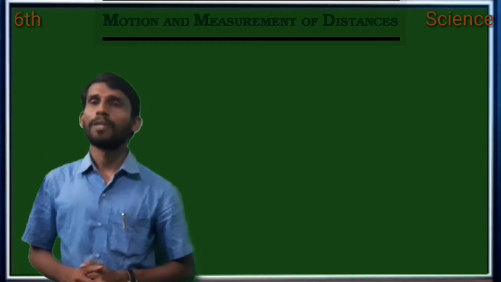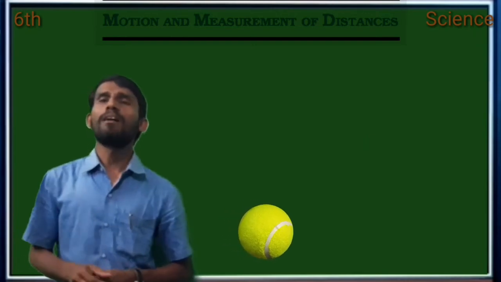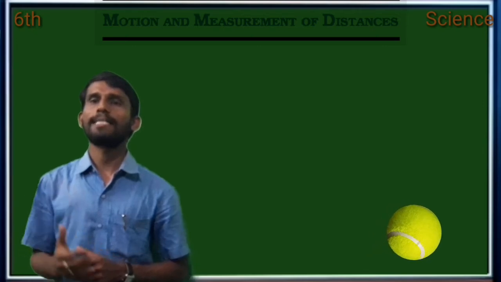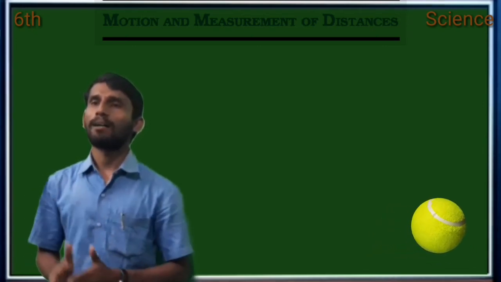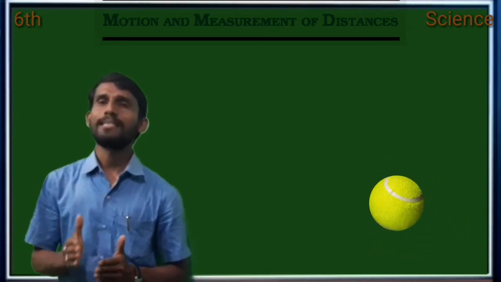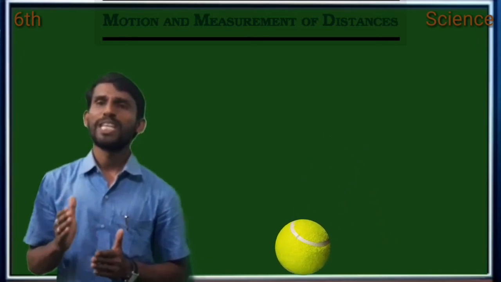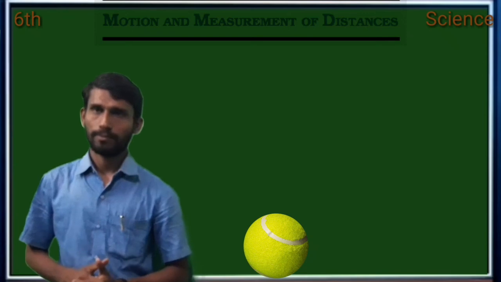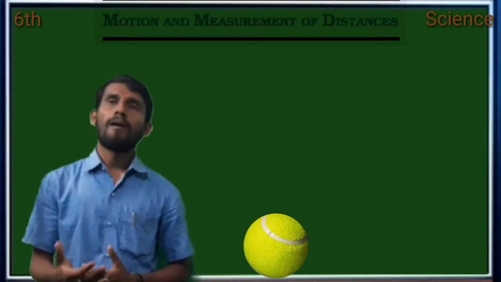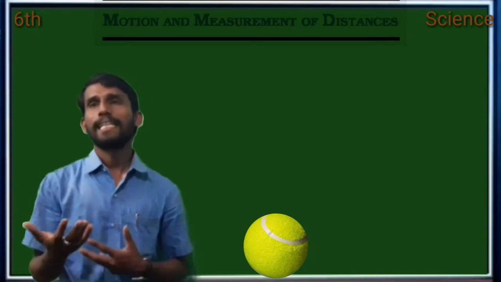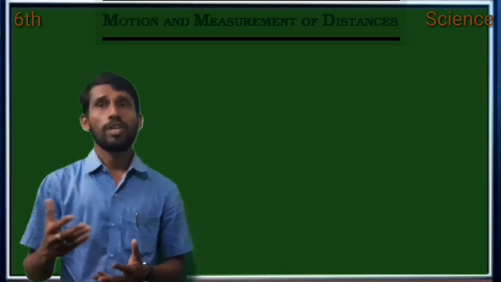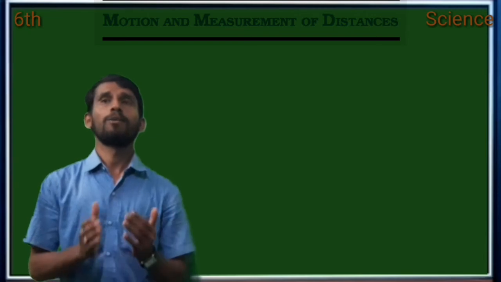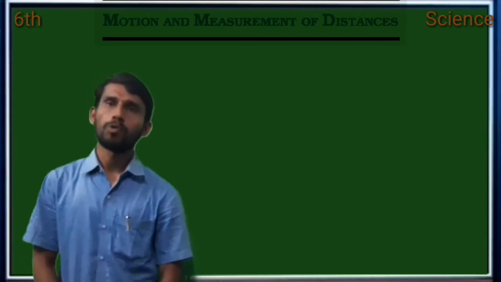For example, a ball rolling on the ground is rotating as well as moving forward along the ground. This ball also shows a combination of two or more types of motion. Thus, the ball undergoes rectilinear motion as well as rotational motion. This is an example of a combination of two or more types of motion.